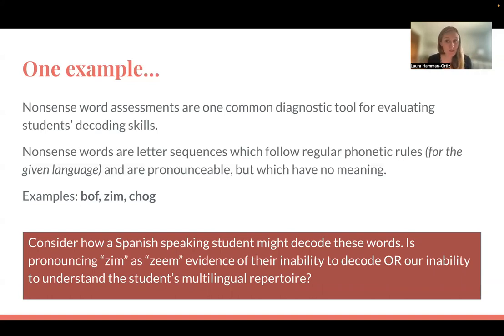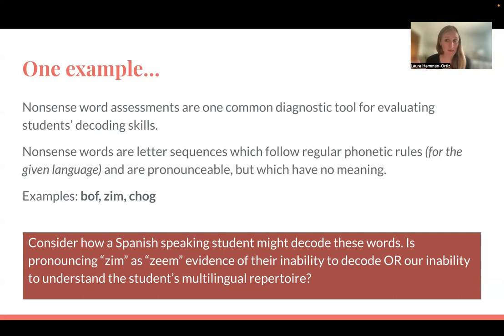So a teacher who doesn't know Spanish might identify these as errors, might say the student does not know how to properly decode these sounds, right? But I would ask, is this evidence of a student's inability to decode or our inability to understand this exercise, considering the student's holistic multilingual repertoire?